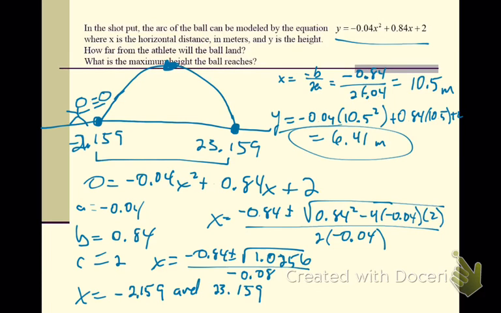So to find the distance here, we have to subtract these, which means we're going to add 23.159 plus 2.159. And the distance between these is 25.318 meters. That's how far the shot put will travel.